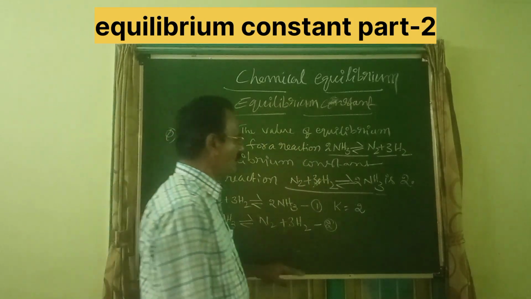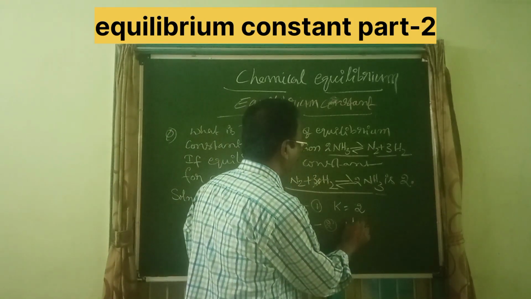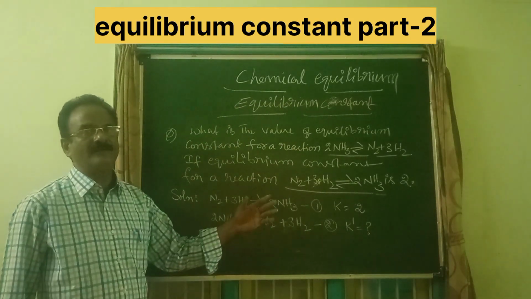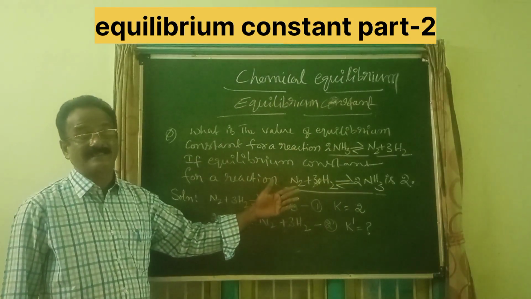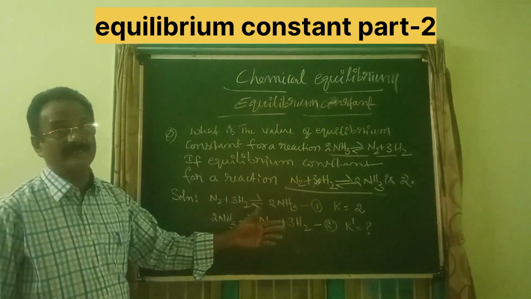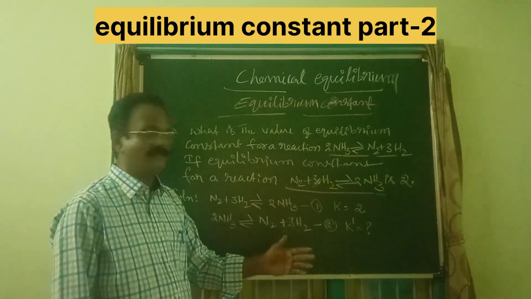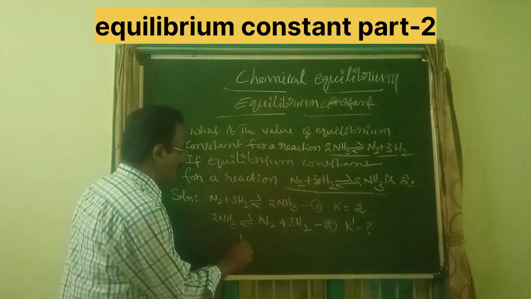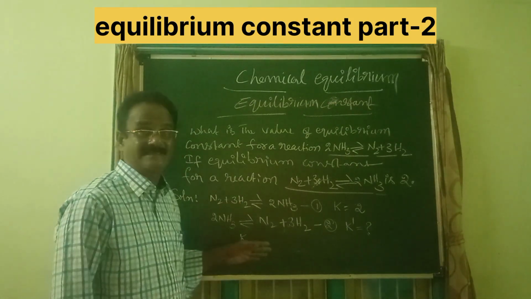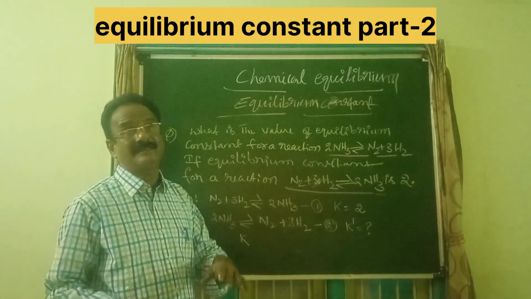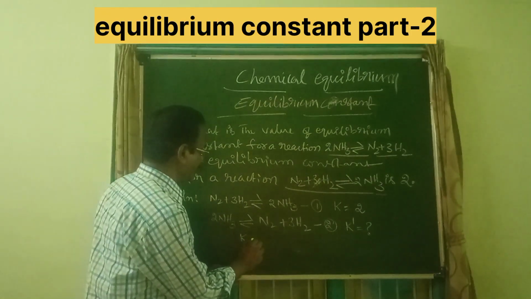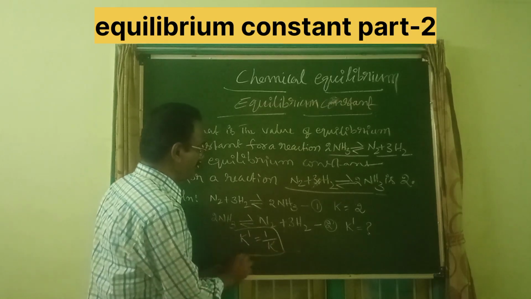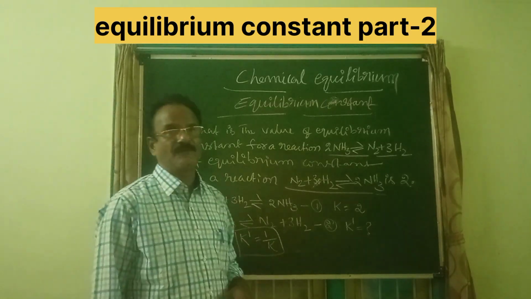Now what do we have to find? K dash we have to find. For the known, we take the equilibrium constant as K; for the unknown, we take the equilibrium constant as K dash. Now we also go through the concept: for such cases, that means if there is reversibility in the reactions, then K dash is equal to 1 by K, as we have seen in the example problem.